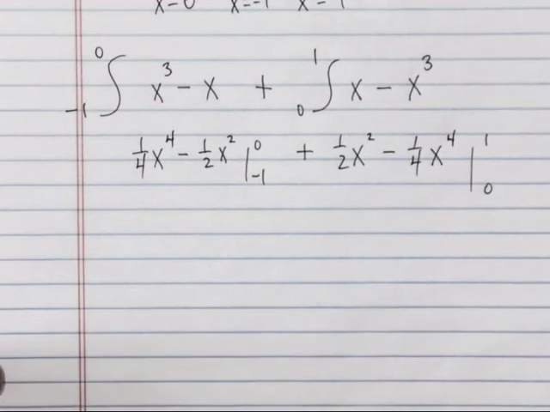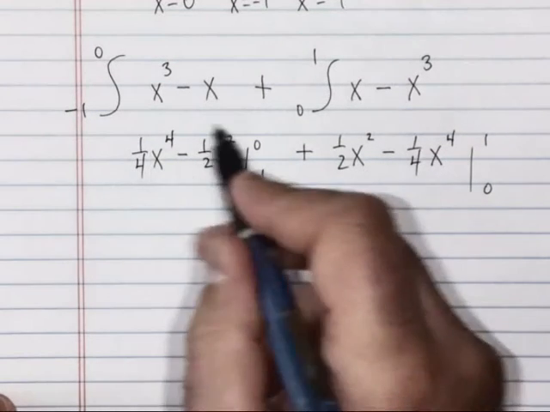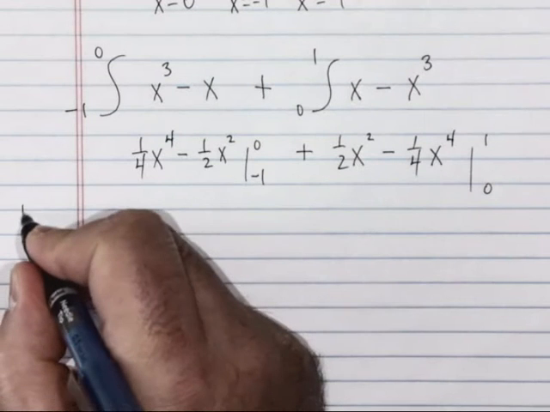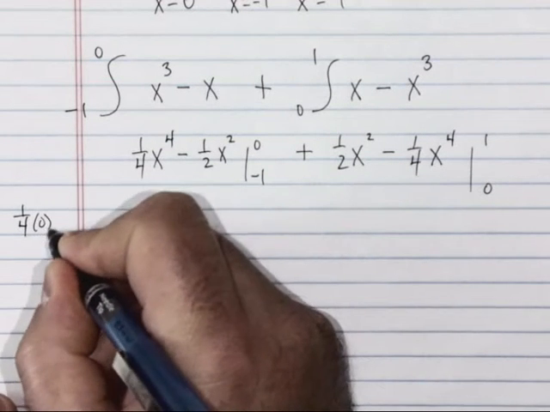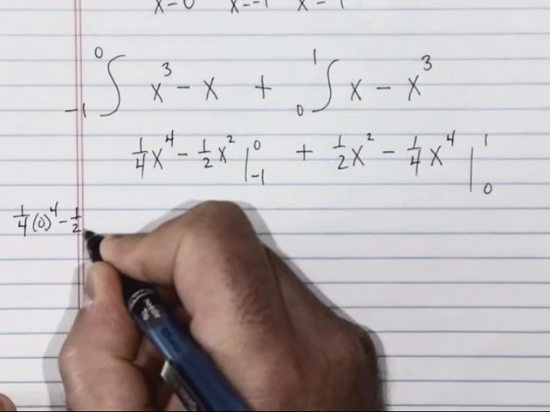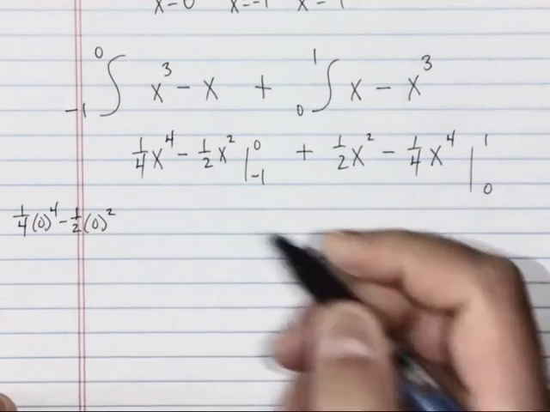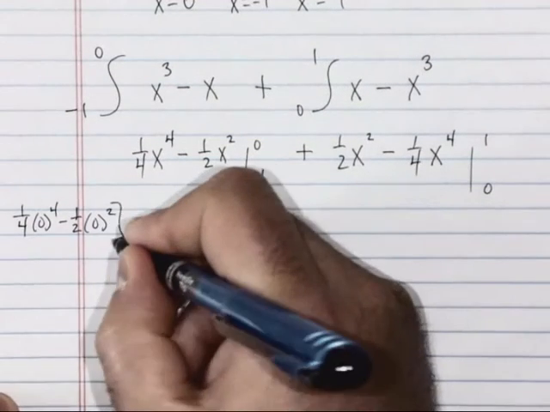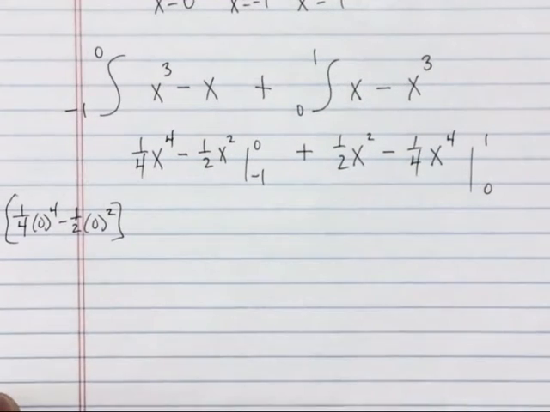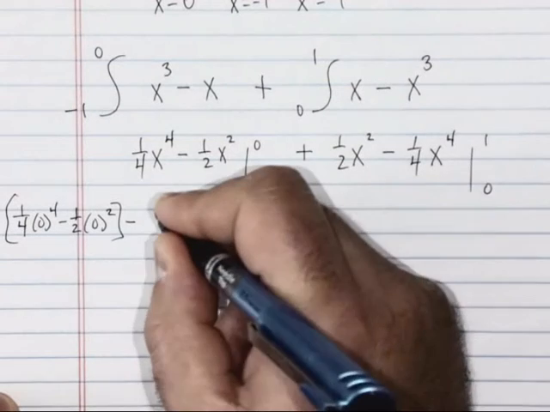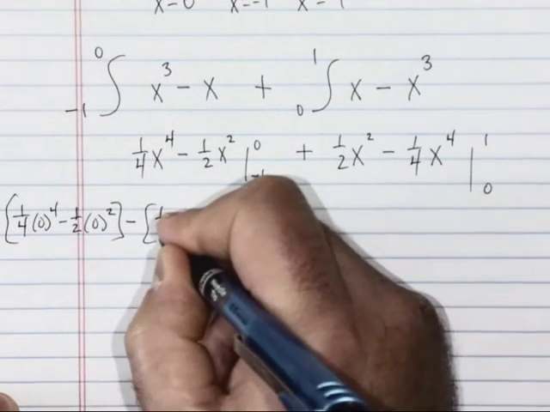So we use the fundamental theorem of calculus here. So let's do this over here first. I'm just going to write everything out so you guys can see this. So plug in the 0 minus plugging in the -1.